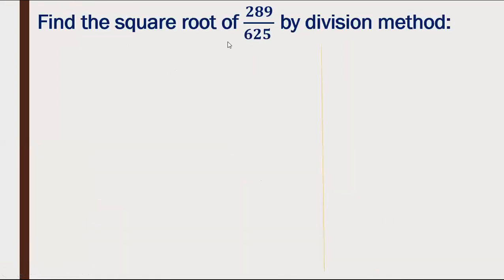Okay, now the next question is 289 over 625. I want you all to copy down the question in your notebook. At the same time, I'm going to show you your today's assignment. Quickly copy down this question.